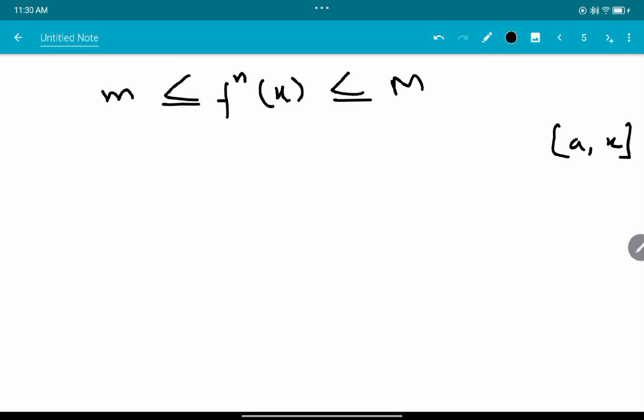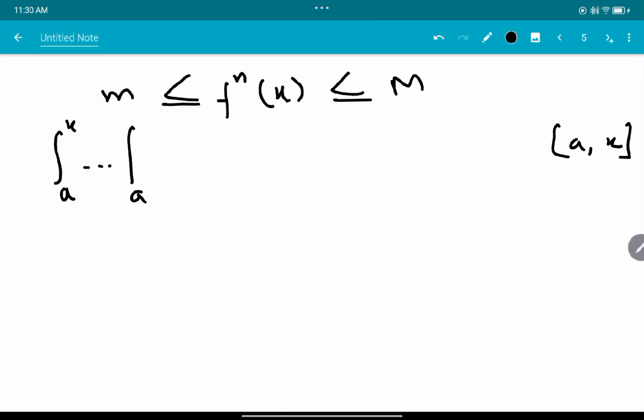Okay, now let me do one thing, that is, let me integrate all of them n times. That means let me integrate, for example, this from a to x, n times.